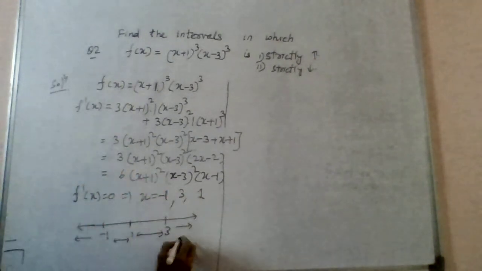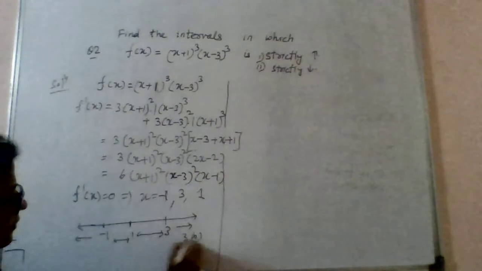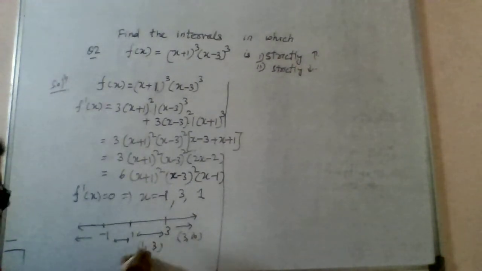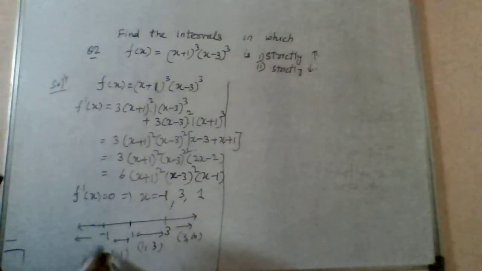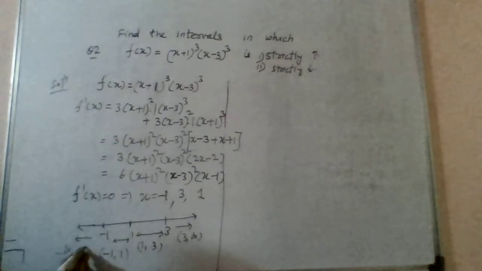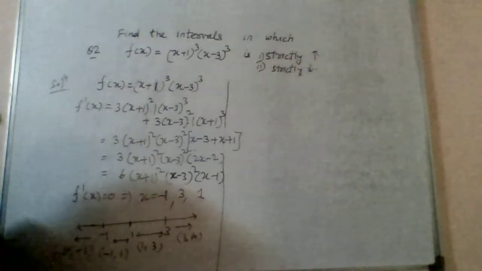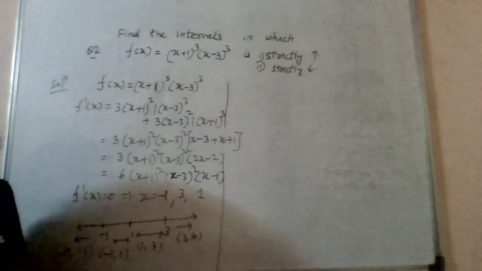So this is your 3 to infinity, 1 to 3, minus 1 to 1, and minus infinity to minus 1. Okay, so these are the four intervals.